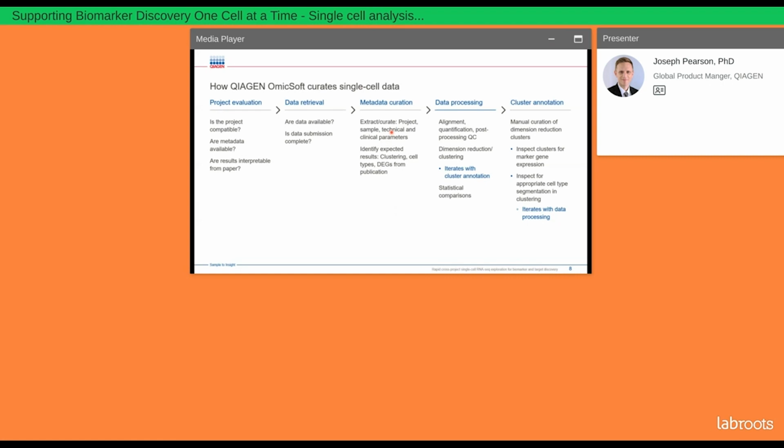In addition, our curators review the paper and identify the key expected results for these data sets, including what are the cell types that should be discovered within the different analyses, what are the samples that should be compared together in dimension reduction analyses, what are the number of clusters that should be observed in the output from our analysis.